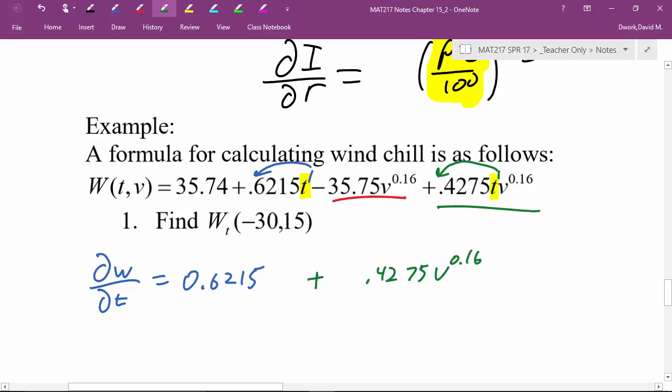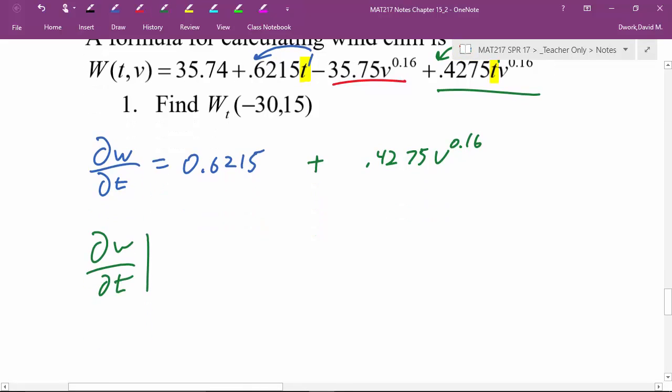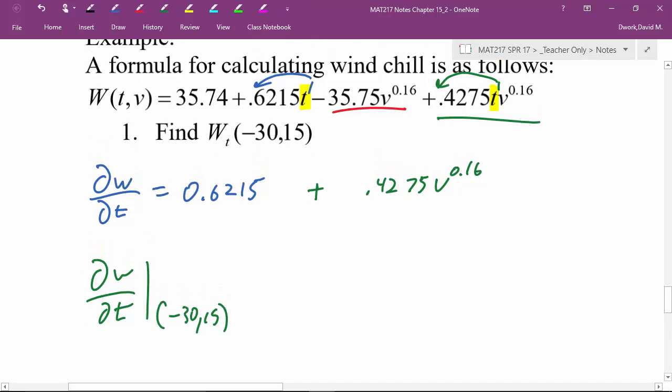Oh my goodness, that is so simple. So now when I want to evaluate here, dW/dt evaluated at negative 30, 15, what this is saying is everywhere you have a t, you're going to replace it with negative 30. Well, good news, I don't have any. Okay, so therefore, everywhere I have a v, I'm going to replace that with 15.